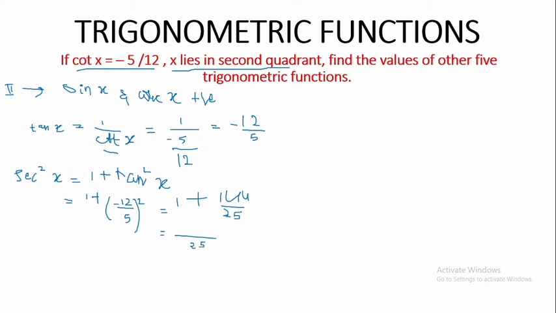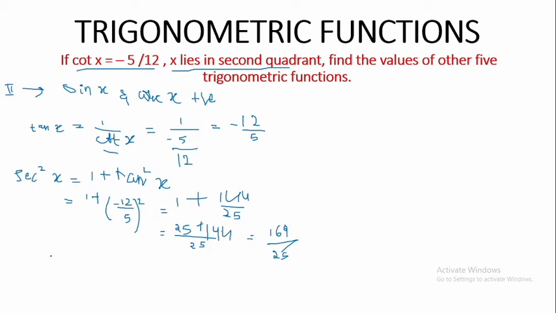So 25 here also we'll get 25 times 1, so 25 plus 144. 25 plus 144 would give us 169. So 169 divided by 25. So remember, it's secant square x. So secant square x is equal to 169 by 25.